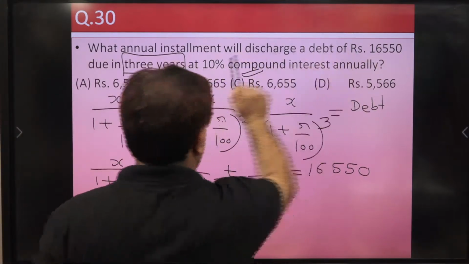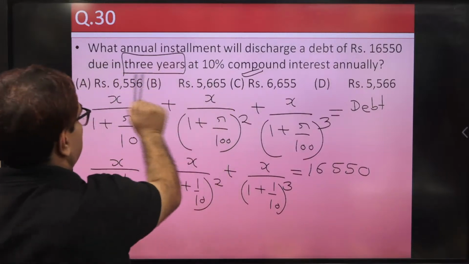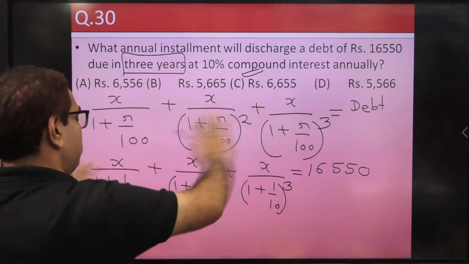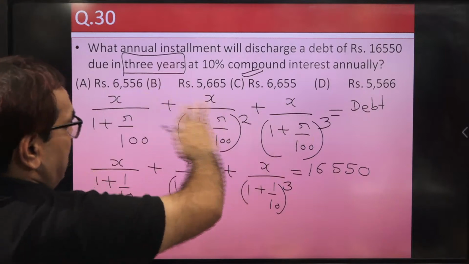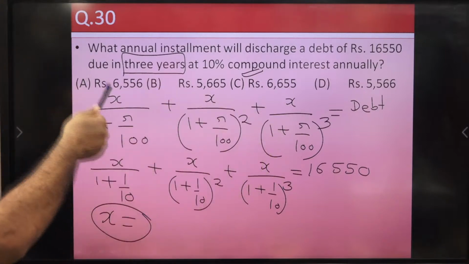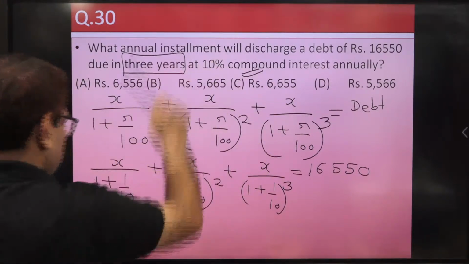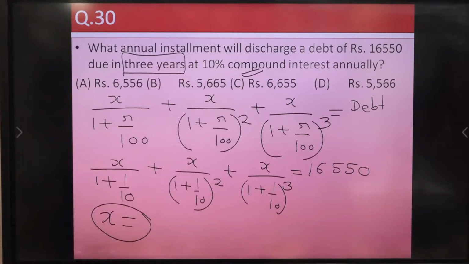The rate of interest will change, and the number of years will change. Otherwise, same formula, same concept, same language is used. And another case is simple interest. So watch my previous lecture also, and then you get the idea of how to solve that, how to find the annual installment.